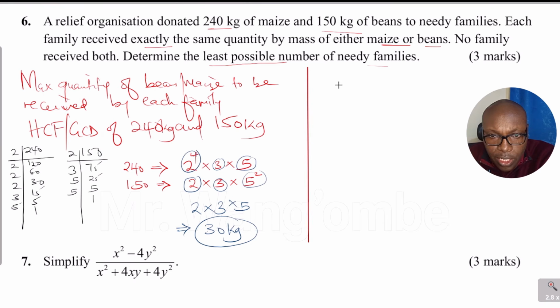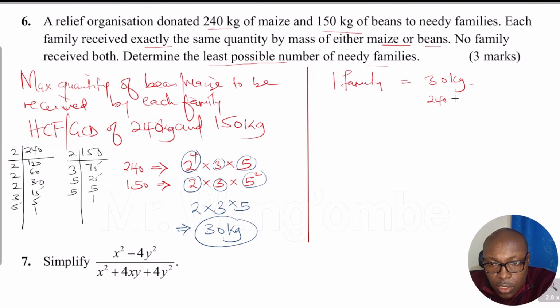Now, having known that one family can receive a maximum of 30 kilograms, what about 240 plus 150? How many families are going to receive these?